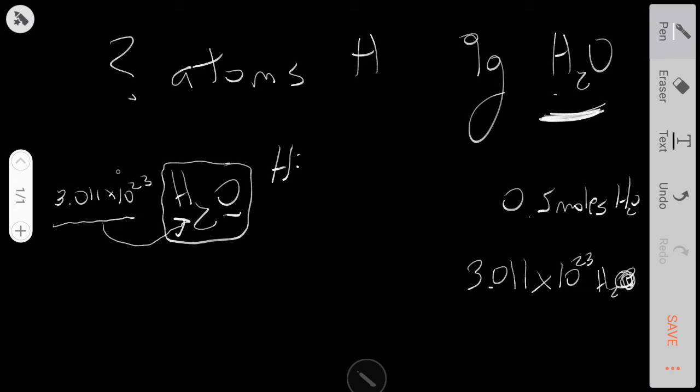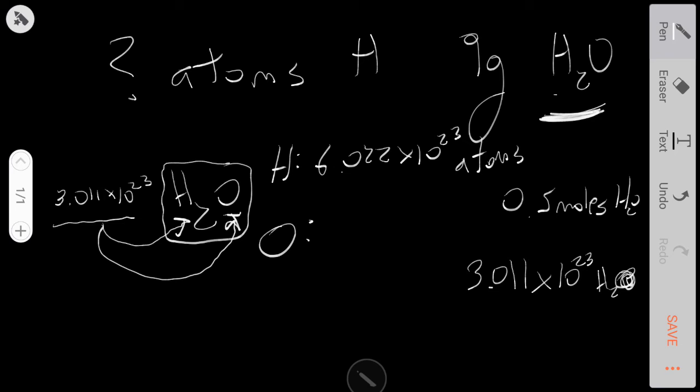It's this times 2, which will give you 6.022 times 10 to the 23 atoms. For oxygen, it's this number times 1, which is 3.011 times 10 to the 23.